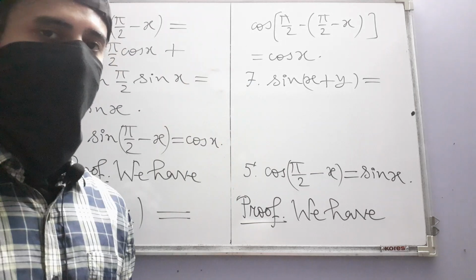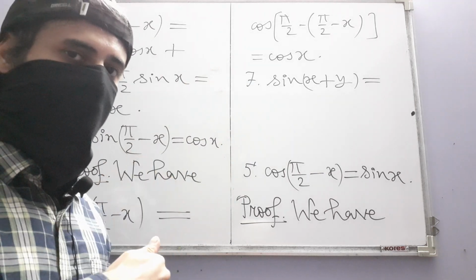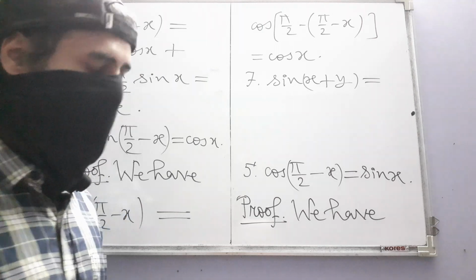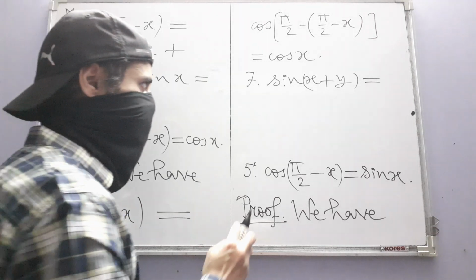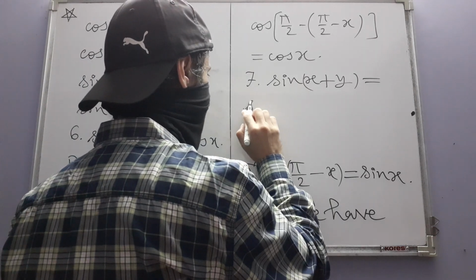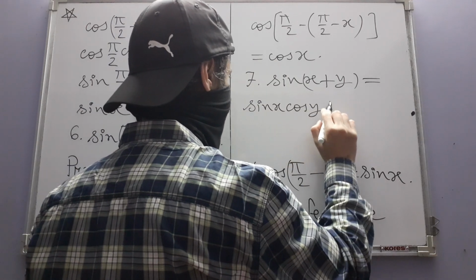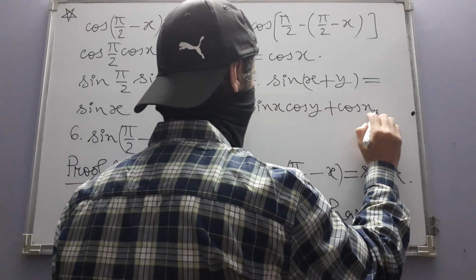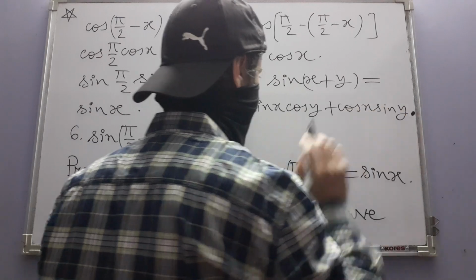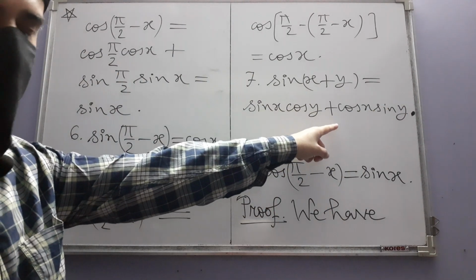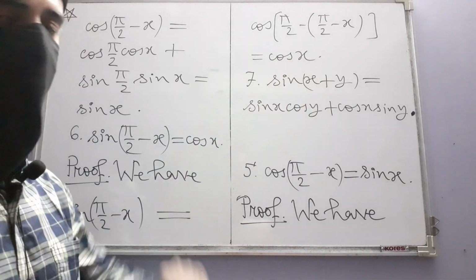Here the terms will be mixed. With sine x we will have cos y, and with cos x we will have sine y. Sine x cos y plus cos x sine y. And here we do not have alternating signs. You have plus here, you have plus here.